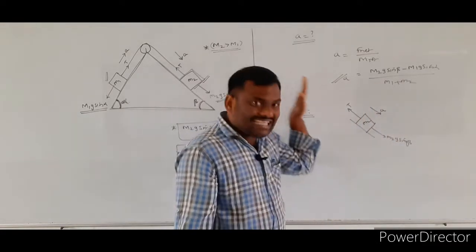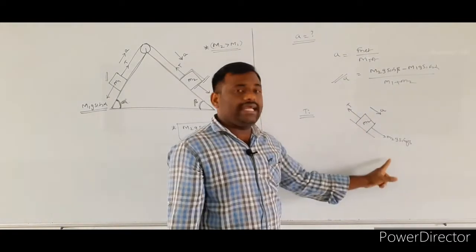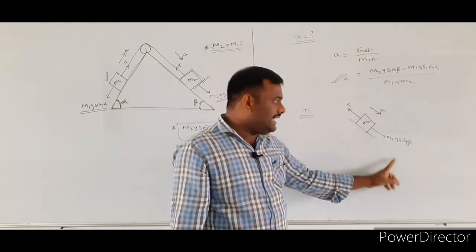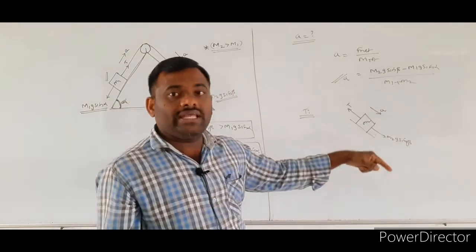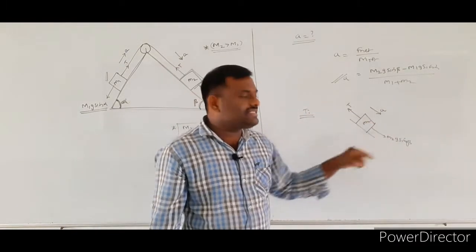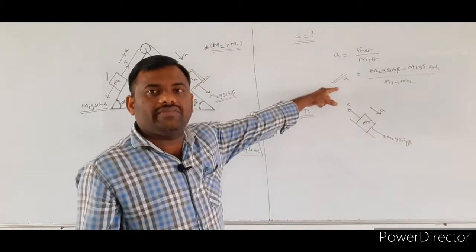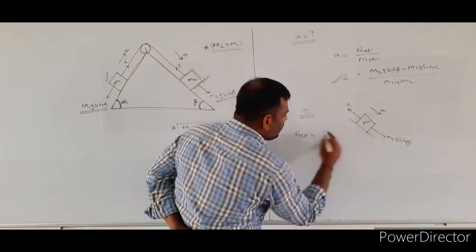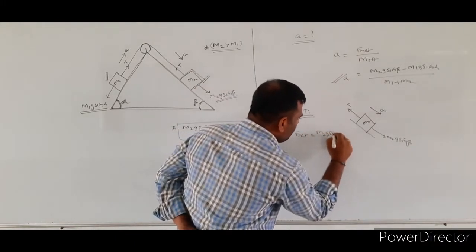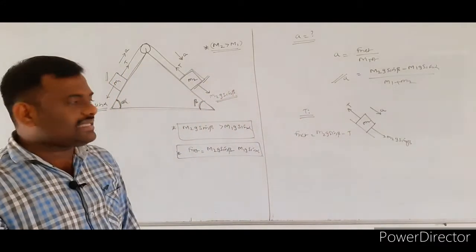The acceleration of the block will be down the inclined plane. In the down the inclined plane direction, the force acting is m2g sin beta. If the block is moving down the plane, clearly m2g sin beta will be greater than the tension value. So F net is the downward force minus the upward force, m2g sin beta minus T.